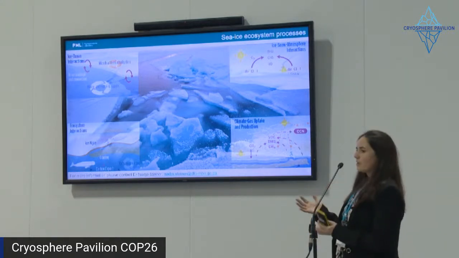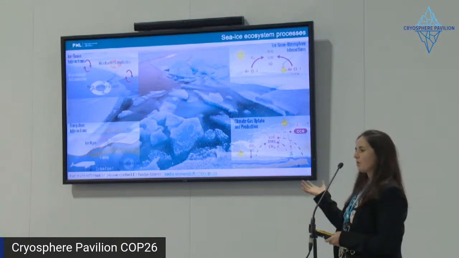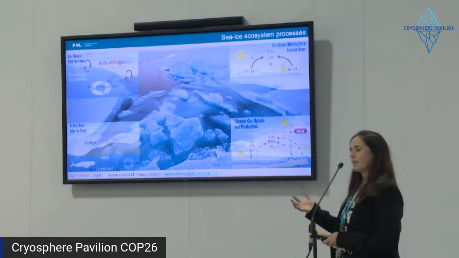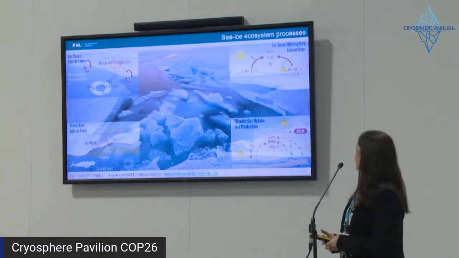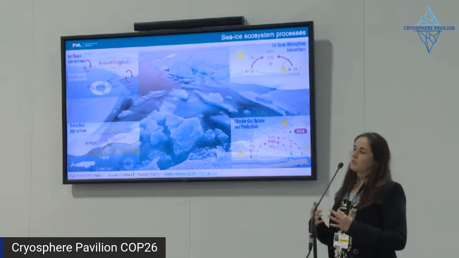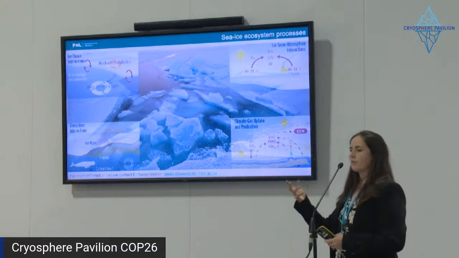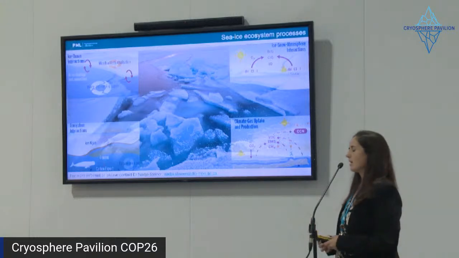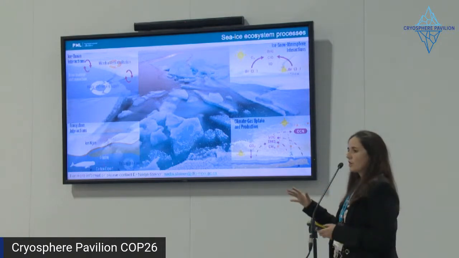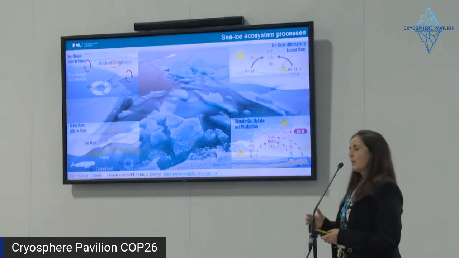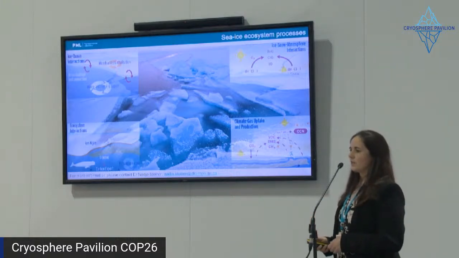So if we're moving to a more open ocean system or less sea ice present, then those products are going to be more released into the atmosphere, and we're going to have a feedback there on the chemistry and the climate system. Again, there's also processes that could potentially release methane. As you warm the snow and the ice, you get a release of the methane into the atmosphere, so there's another feedback there. So altogether, what we're seeing is that the sea ice is not just a blank canvas, it's not just white. It's got a huge amount of important sea ice processes that are related to that and the ecosystem around it.